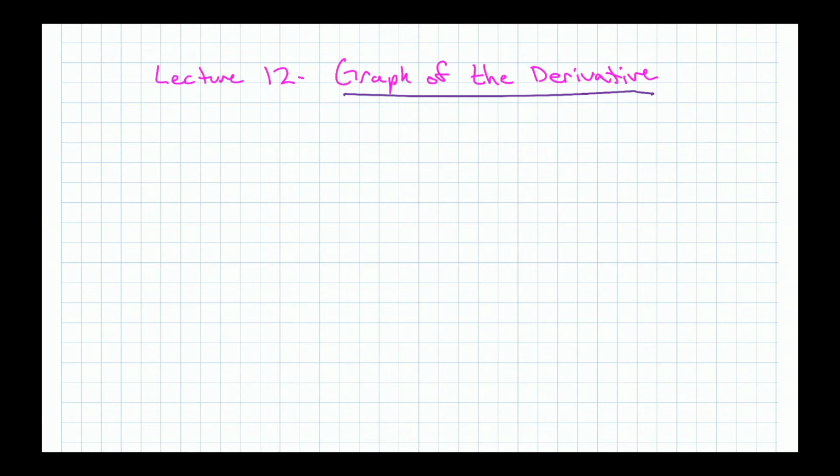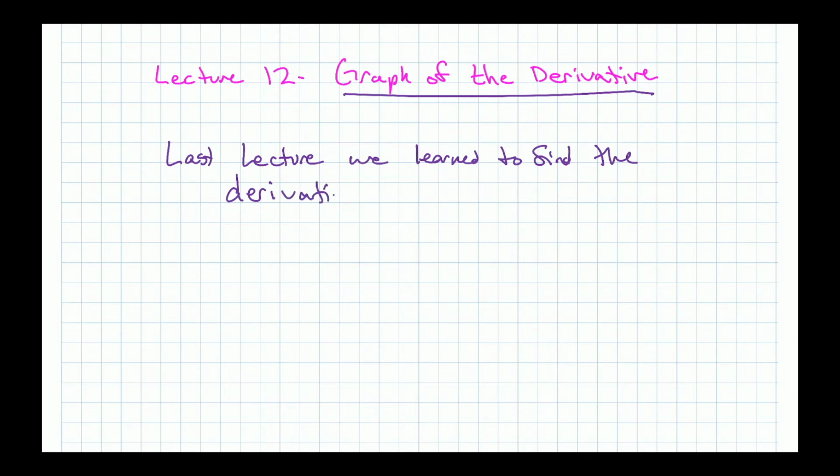So basically, here's the idea. Last lecture, we learned how to find the derivative of a function at a point.